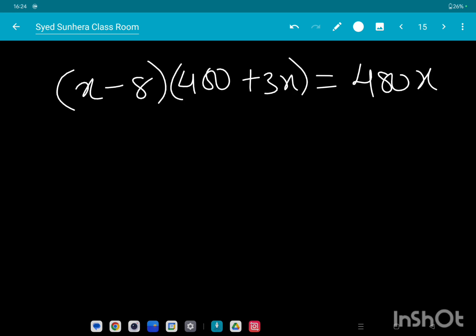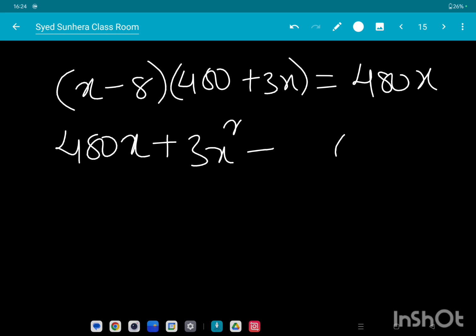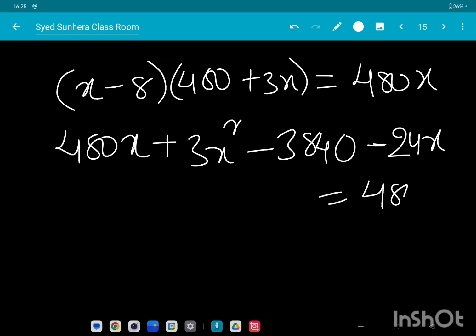X into 480, 480x, plus 3x into x, 3x square, minus 480 into 8. 8 zeros are 0, 8 8s are 64, 8 4s are 32 plus 6, 38. 3840, minus 8 3s are 24x is equal to 480x.